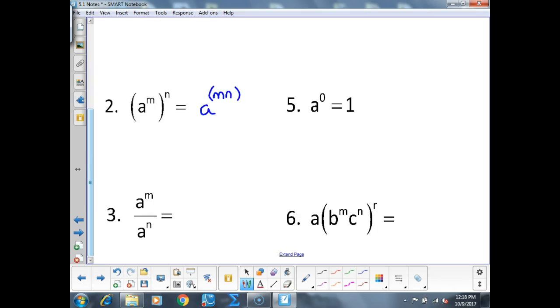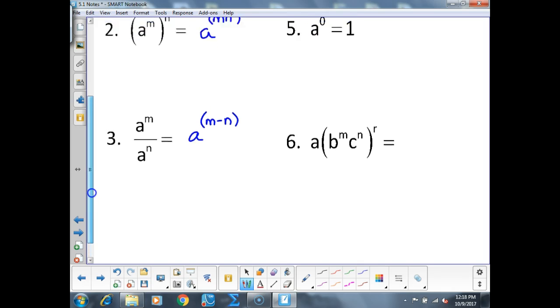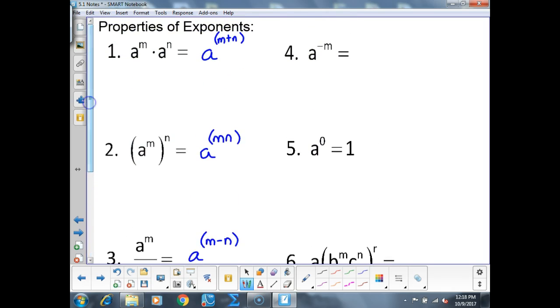When I'm dividing, keep the same base and subtract the exponents. Top minus bottom. Do I like negative exponents?